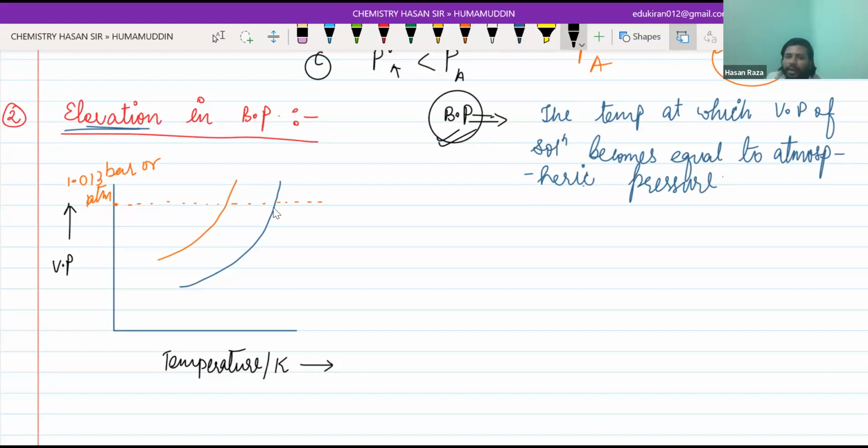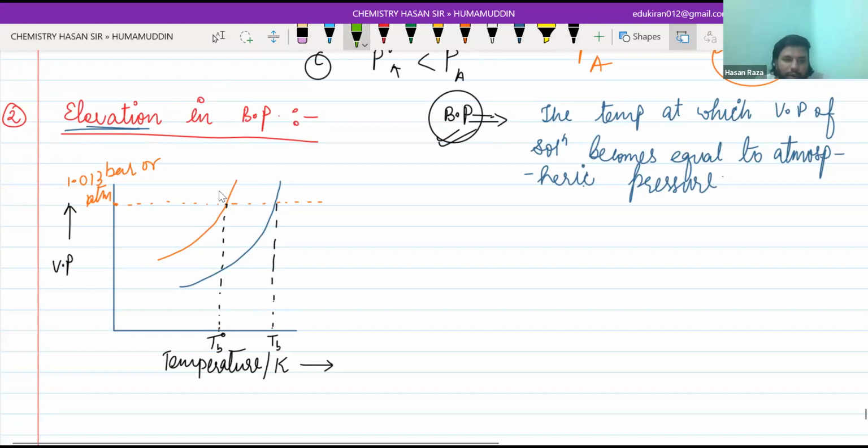Now I'm going to show you. As I told you, when you have pure solvent, the vapor pressure is more. If the vapor pressure is more, that means the boiling point is lower, T naught B this is, and this is for the solution. If you mix a non-volatile solute, the boiling point will increase.